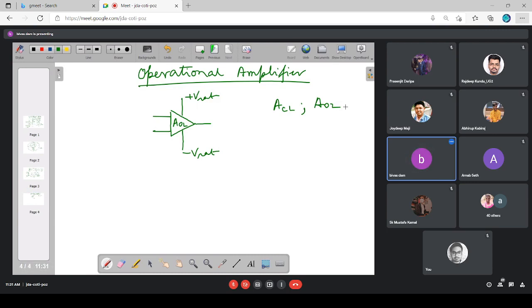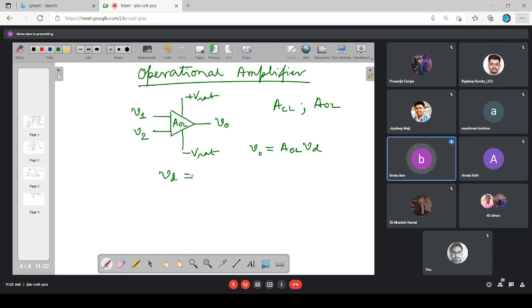Fine. Now let these two input voltages be termed as V1 and V2, and let the output be V0. So as per the fundamental principle of one difference amplifier, assuming infinite CMRR, what will be the expression of V0? AOL into VD, where VD is the input difference voltage.